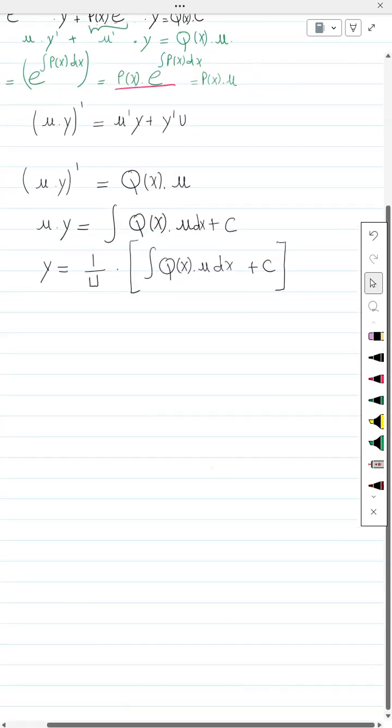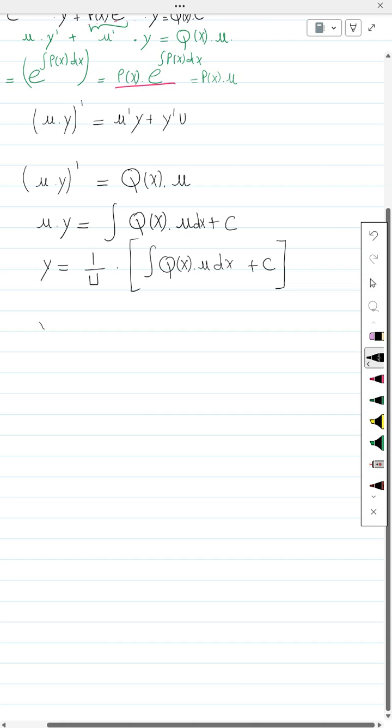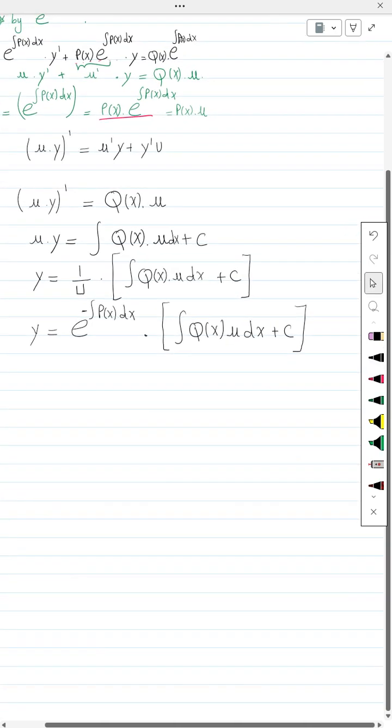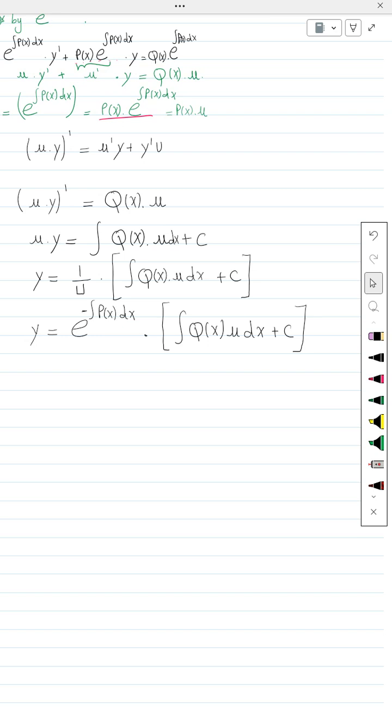Let me rewrite u as the exponential of minus the integral of p(x) dx, times the integral of q(x) u dx plus c. As you can see, this is a general solution for a linear differential equation. It's not the only method that we have, but I think this is the easiest method that we can use to solve a linear differential equation.